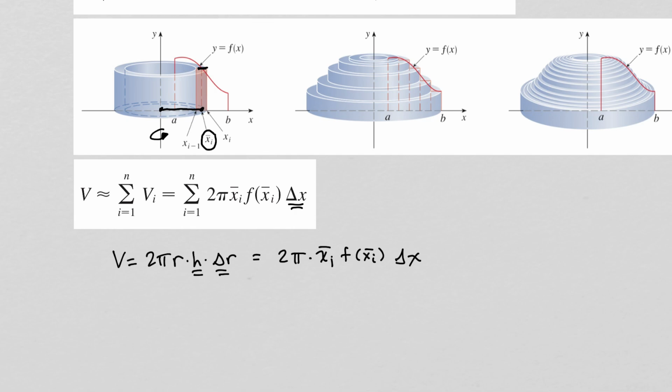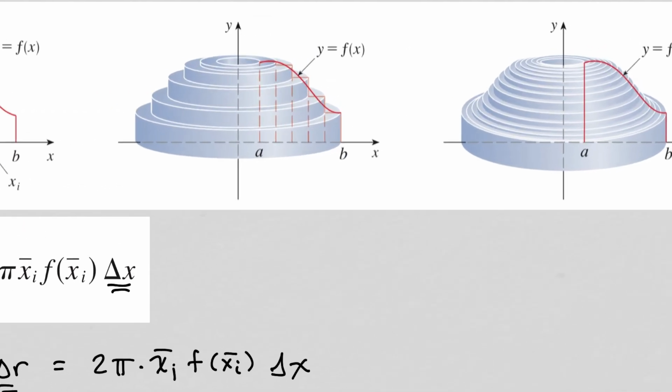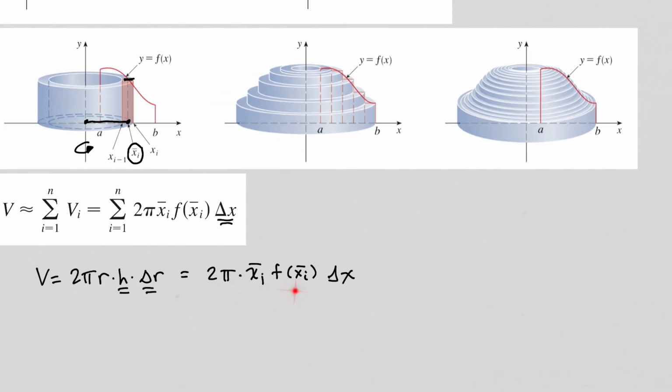But then to get the total volume, we're going to have to do this many times. So we take our interval, we divide it up into subintervals. Each one of these subintervals gives us a cylindrical shell when you rotate the rectangle around. And so the volume of all of these cylindrical shells are going to come from this formula. So all we're going to do is add up all of those little volumes, okay?